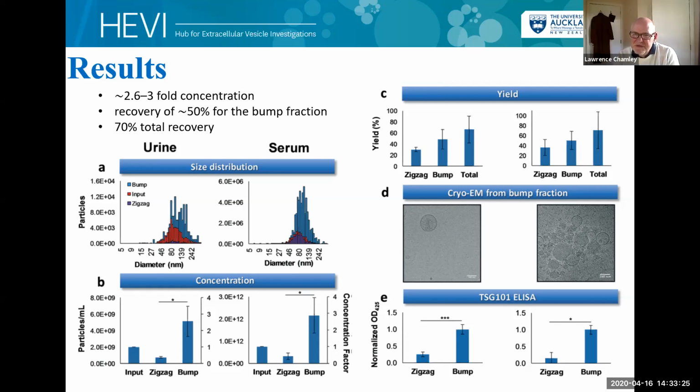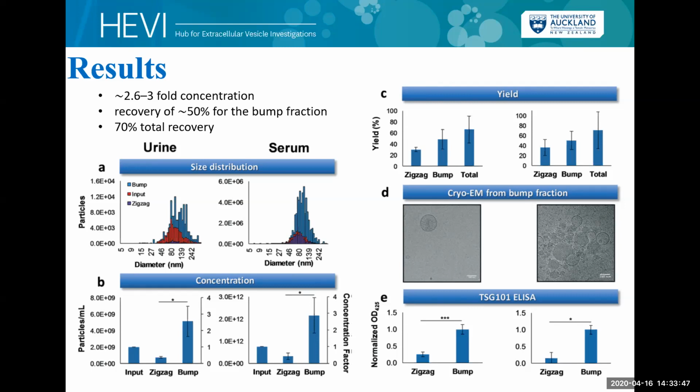Colin, can I just ask a follow-up question? You may not be able to answer this, but based on the physical properties of vesicles compared with something like an APL or a lipoprotein, would you expect them to behave differently in the way they bounce off the pillars or in some other way in the chip?